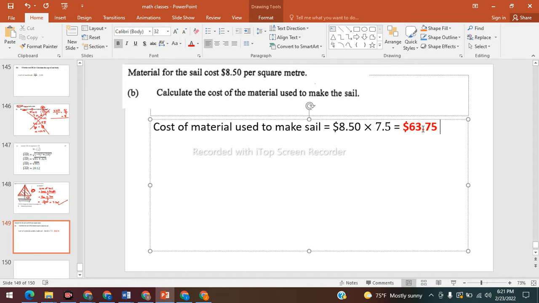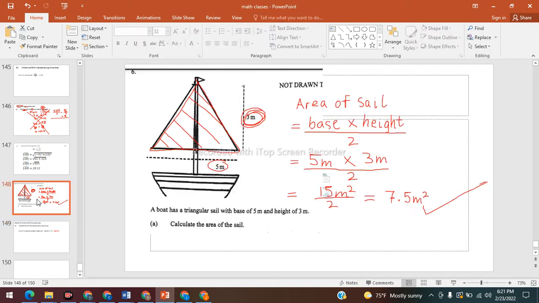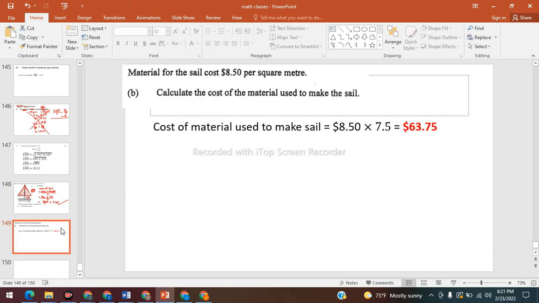So to make this boat sail, all we need is $63.75, which is not expensive. If we have this triangular sail and we find the area of it and we want to make the sail, the cost to make the sail would be $63.75.